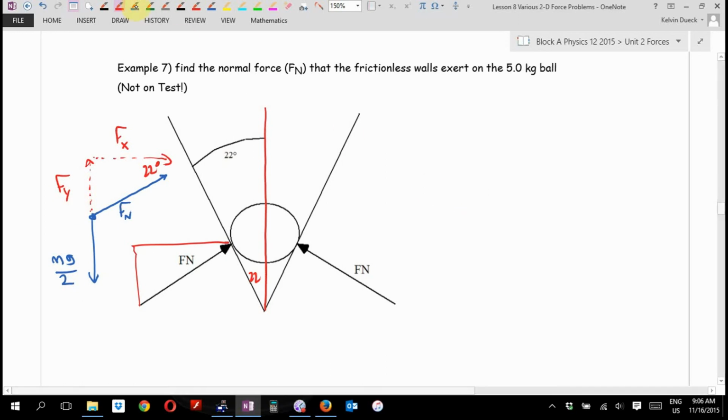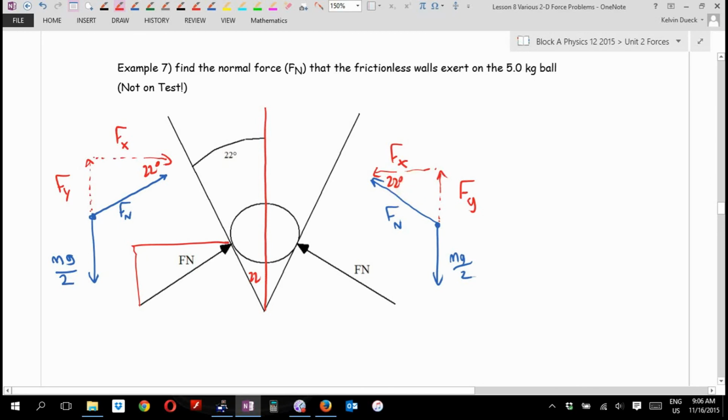Over on the right-hand side, I would end up drawing the same free body diagram. I would have mg over 2, I would have normal force going this way, and I would break it up into Fy and Fx with an angle of 22 degrees.